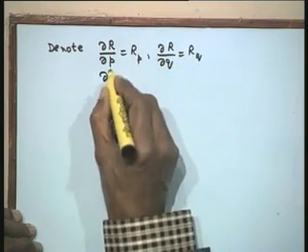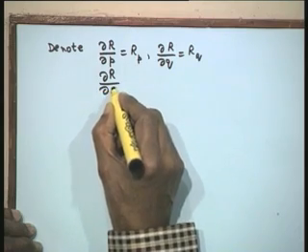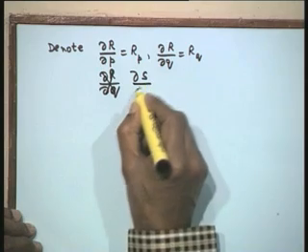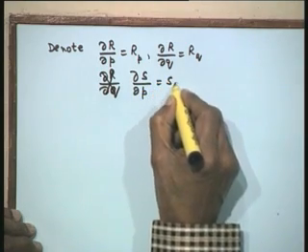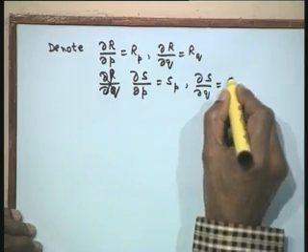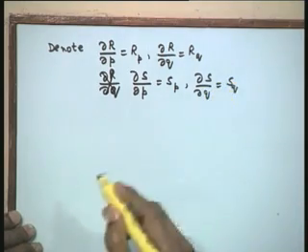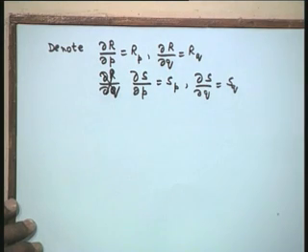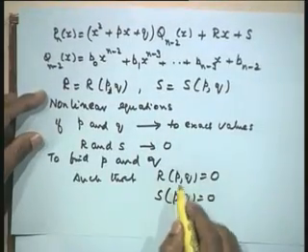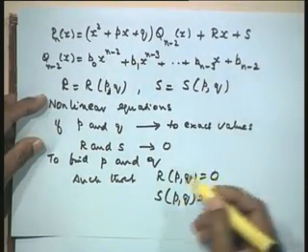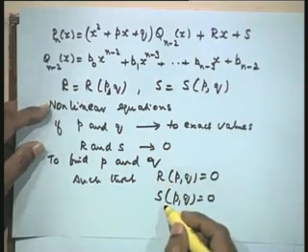Similarly, delta s upon delta p is s suffix p, delta s upon delta q is s suffix q. We just denoted the partial derivatives by simple notation using the suffix. Now, we know that if I am solving this system of two equations, what we have to solve is the Jacobian into the increment is equal to the right hand side evaluated at all these points.